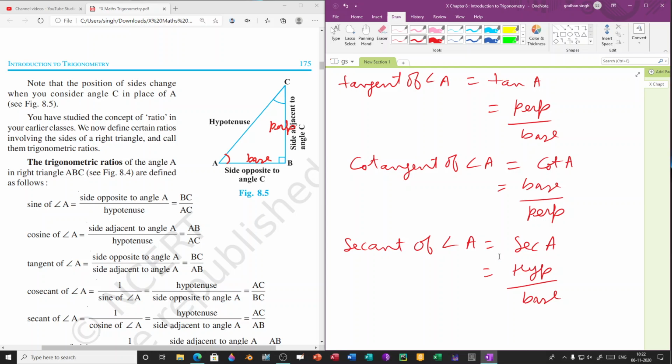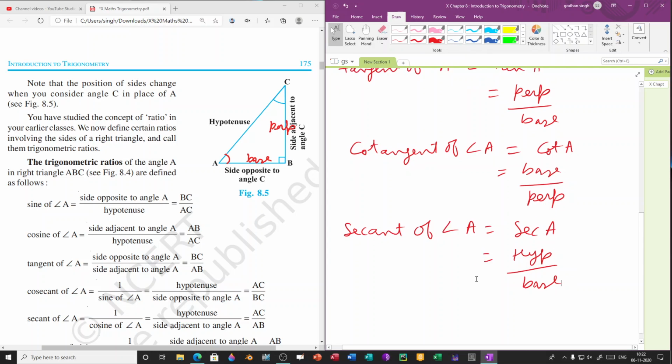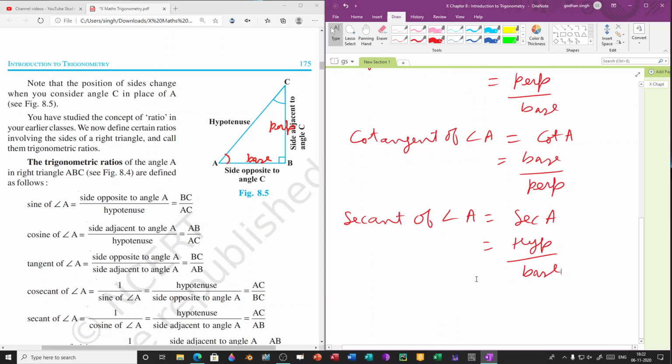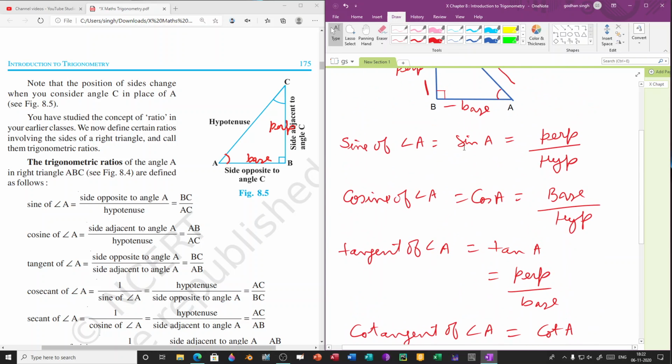Now next let us go to the other one, that is known as cosecant of angle A. In short we write it as cosec A, and it is the reciprocal of sine of angle A. So what is sine of angle A? That is the ratio of perpendicular over hypotenuse.